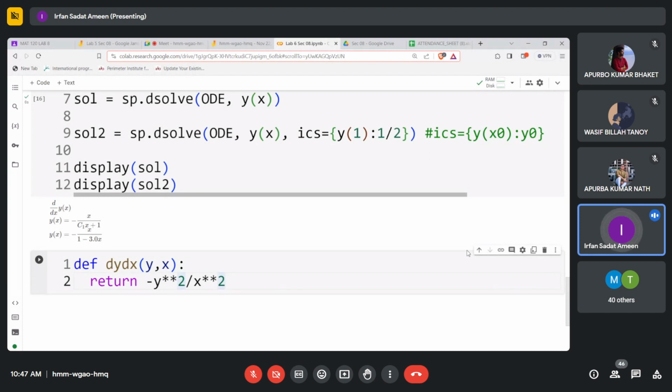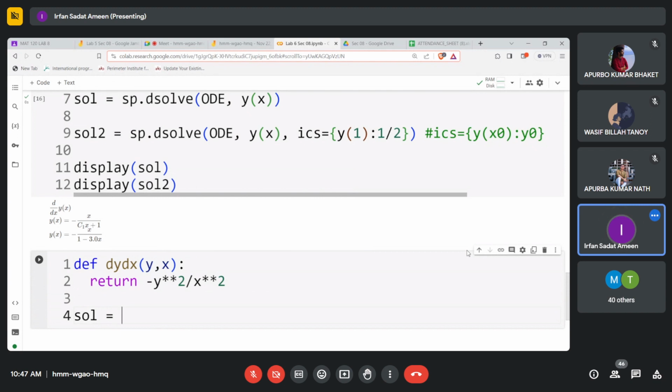Otherwise ভুল অ্যান্সার পাবেন, পরে কনফিউজড হবেন না। Because আমি নিজেই কনফিউজড হয়েছিলাম শুরুর দিকে, so it works only if you write the arguments like y then x, not xy, okay? So make sure you remember this.